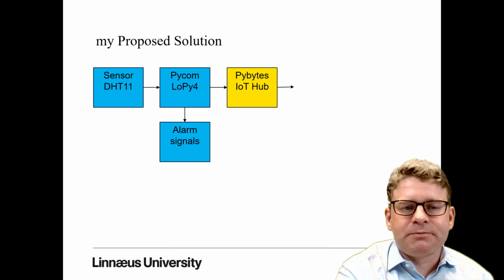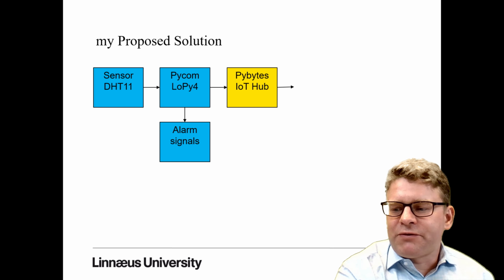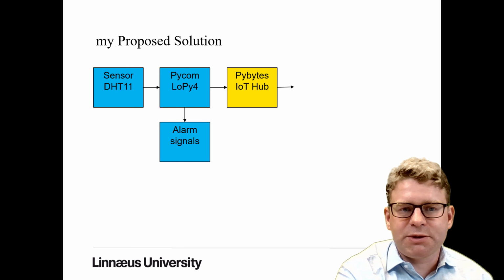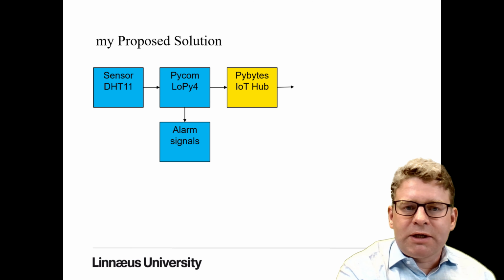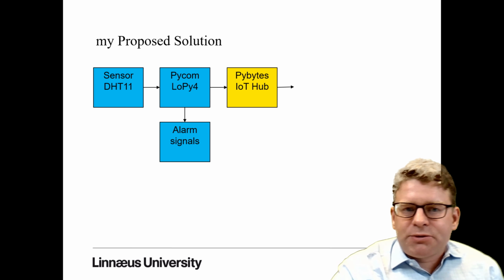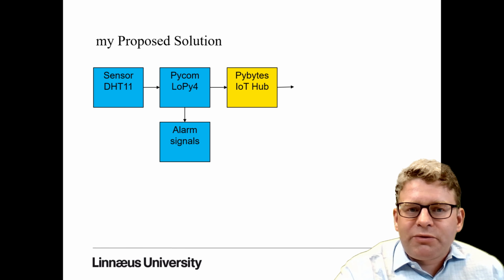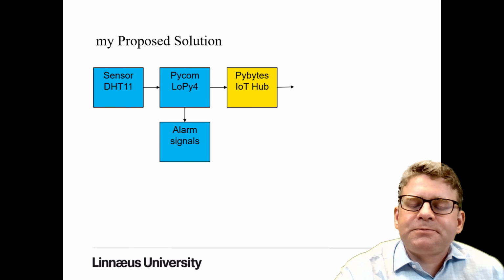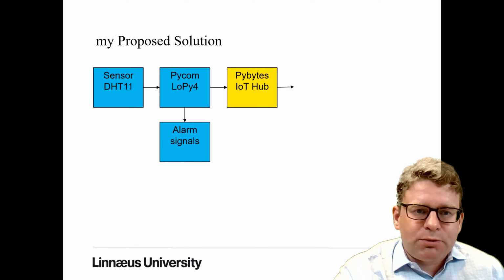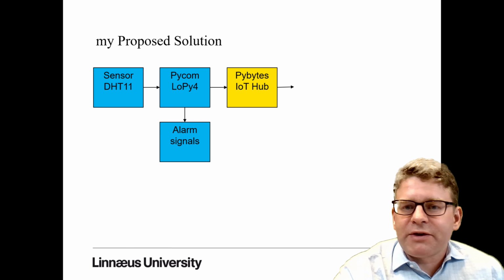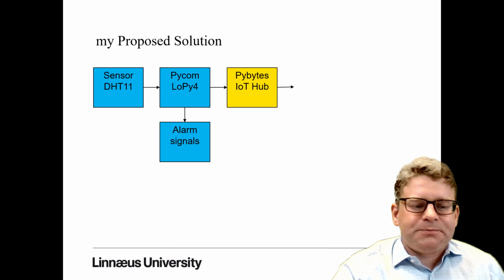Next step. We now have the physical part, and we have programmed it in a way that it does send data. Next step is to implement an IoT hub, and we choose to go with Pybytes from PyCom for that. It is easy to implement with PyCom's devices, so by that I chose it.